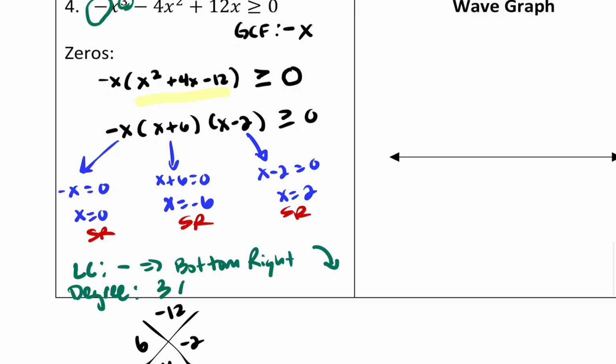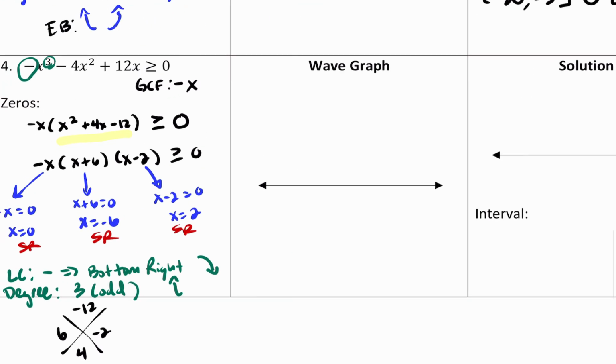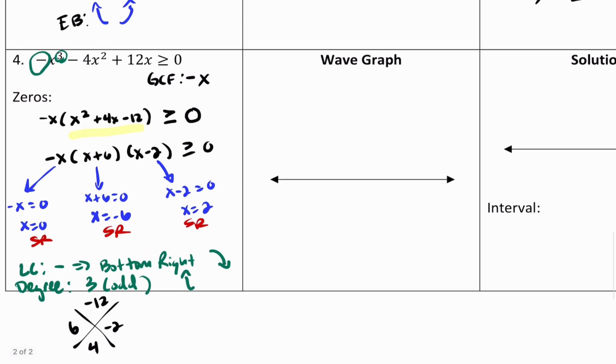So the degree is 3, and that's odd. So we should be pointing in the opposite direction, okay? So here we have -6, 0, and +2. So we have a greater than or equal to, so all of these dots should be closed. So remember, the leading coefficient is a negative, so that means we start bottom right.